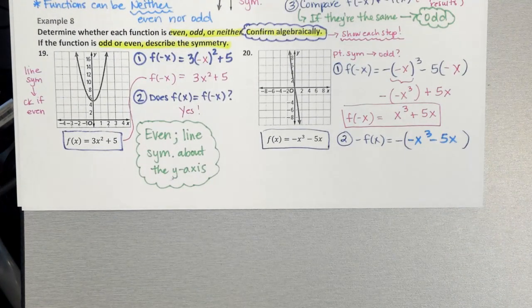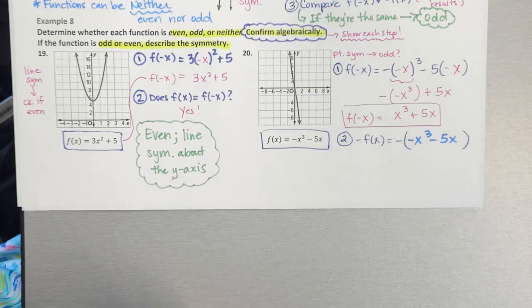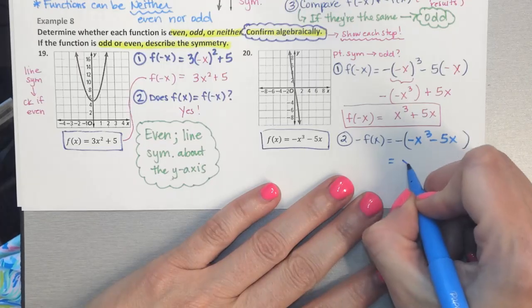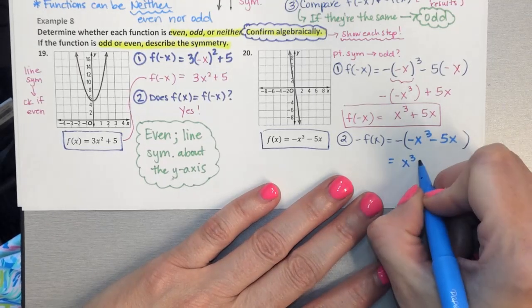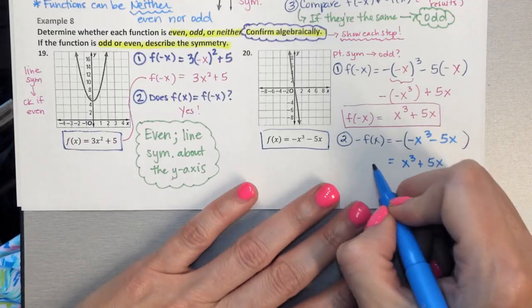Positive self-talk, we got it. All right, and then when you distribute, negative times a negative is going to be positive x cubed. Negative times negative is going to be positive.